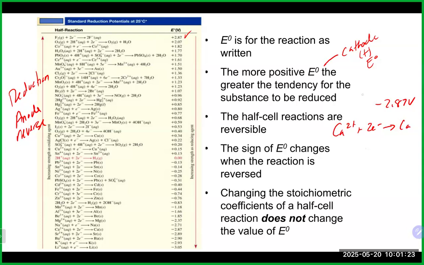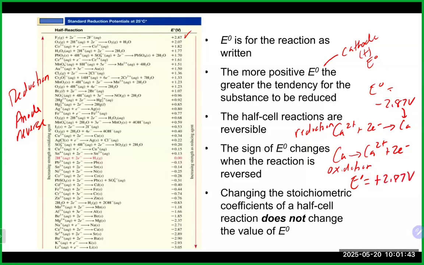In this case, if we were to reverse it, the calcium would then go to this. This would be our oxidation reaction, and this would be our reduction reaction. And the E value here would then be positive 2.87 volts in this case.